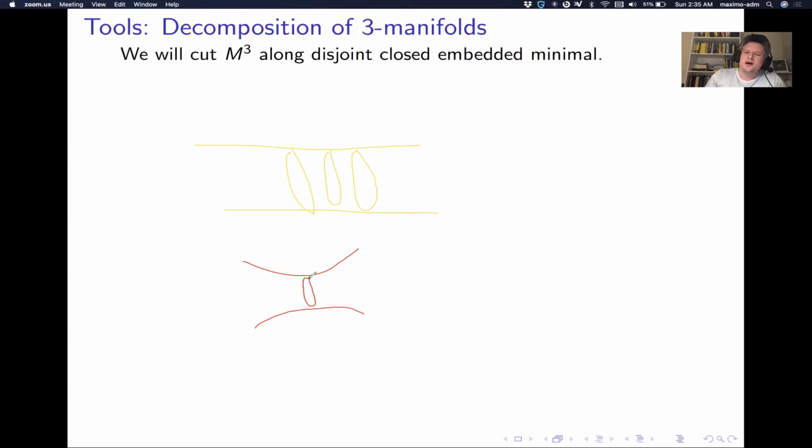Well, there is a metric sufficiently close to it that does not have these families of minimal surfaces. So it would have just one. And then in this case, it's just easier to know at which surface to cut. Okay, so we'll cut the manifold along closed minimal surfaces. So we've got to find them.